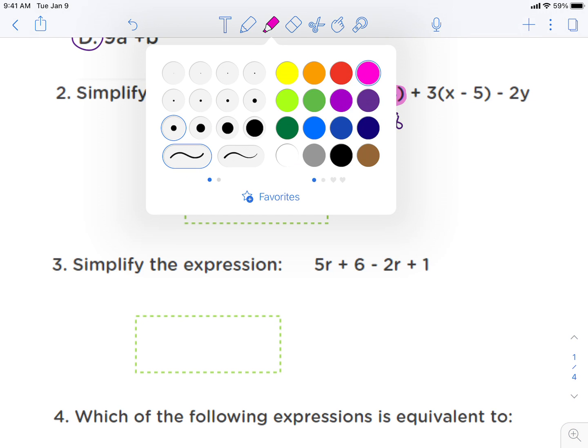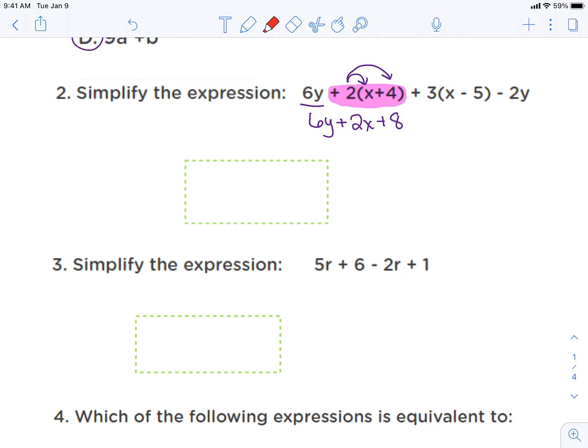Then I move on to the next piece that needs some distributing. I'm going to do 3 times x, which is a positive 3x, 3 times a negative 5, which is a negative 15, and then I have this negative 2y on the end that is not being distributed to anything. So from here we can combine our like terms.